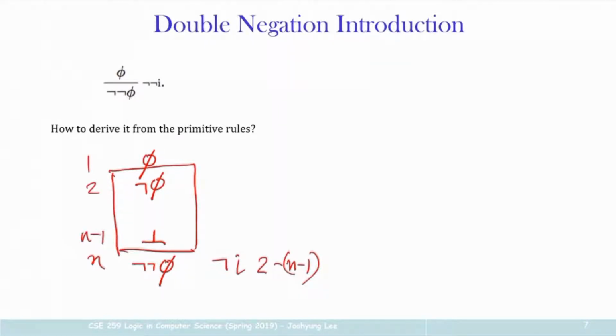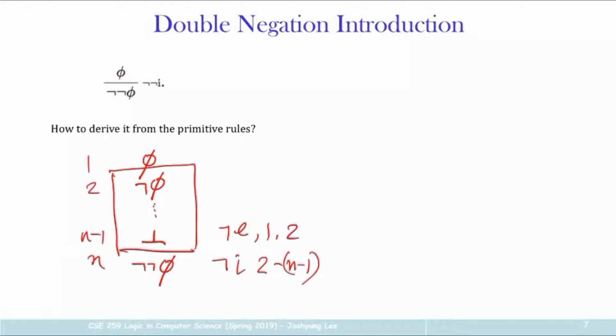The question is then, how can we go from 1 and 2 to n minus 1? How can you derive a contradiction? If you know phi is true, and you also know not phi is true, what can you derive? There's a bottom, right? This was called the negation elimination rule.